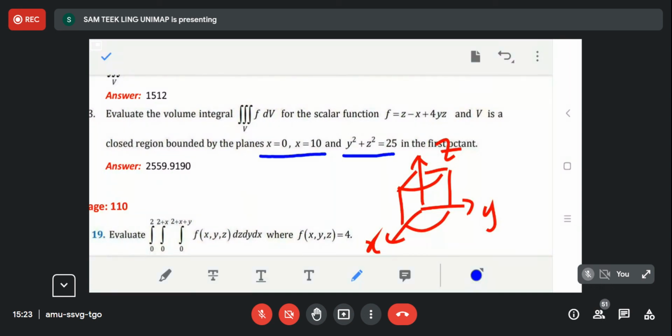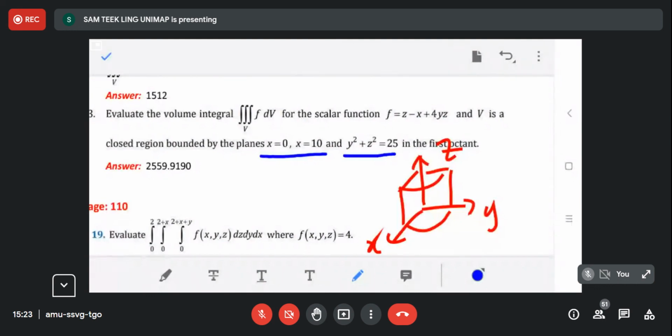X is a plane. YZ is a circle. So you only change the axis of the polar coordinate.